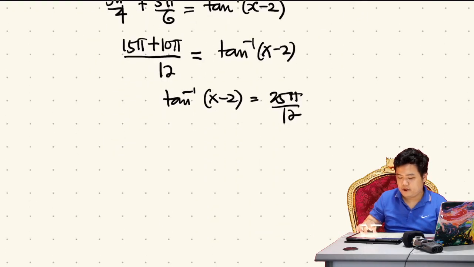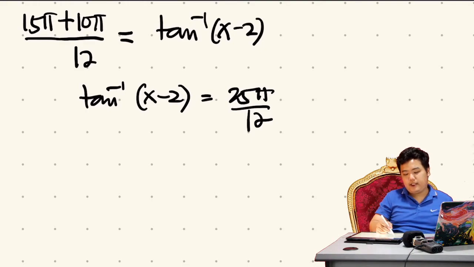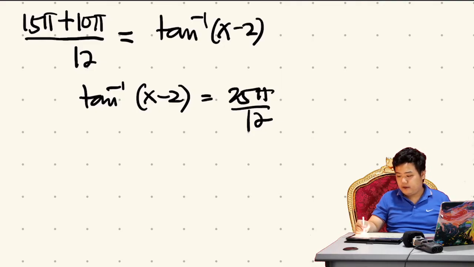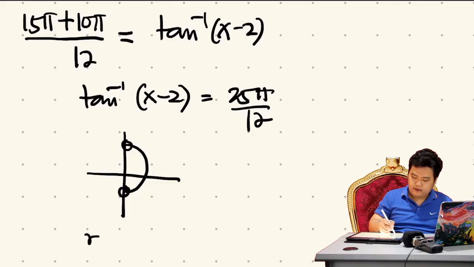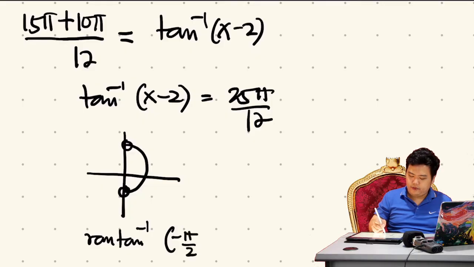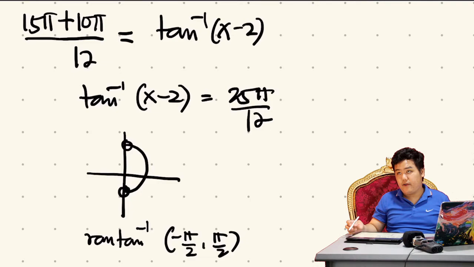Hindi ba suspicious to? Kasi ang range ni tangent inverse, balikan natin yung range niya. Drawing ko na lang. So, ang range niya ni tangent inverse ay negative pi over 2 to pi over 2. So, dito lang maglalaro dapat yun. Okay? Pero nasan si 25 pi over 12?